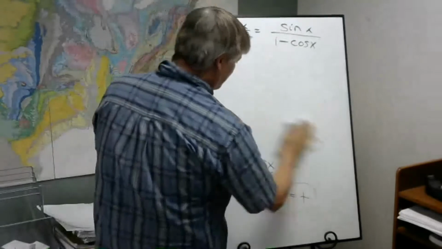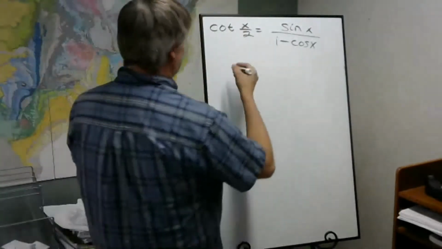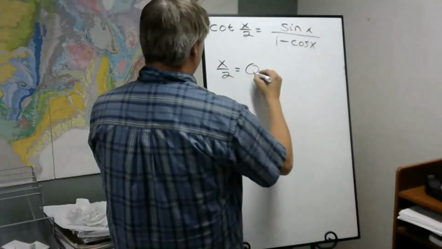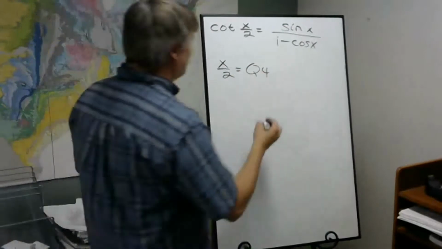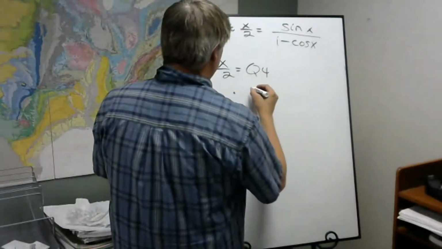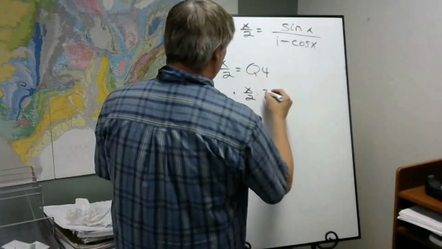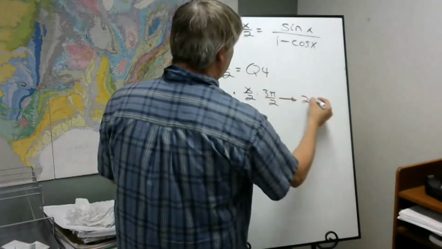Finally, for the fourth quadrant. So it's in Q4. So x over 2 will go from 3 pi over 2 to 2 pi.